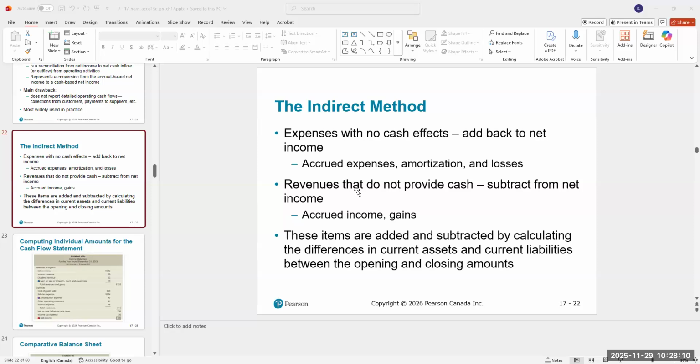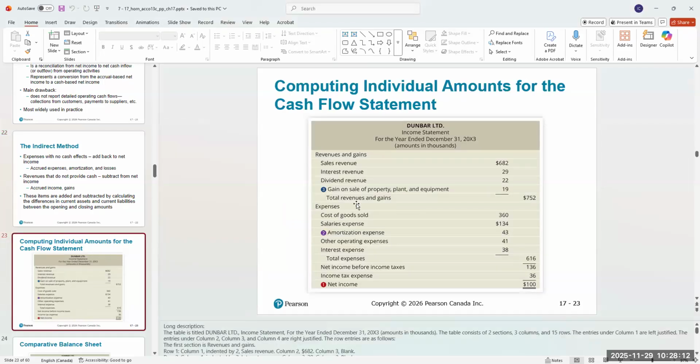So let's see this one first. We have this income statement, which shows sales revenue, interest revenue, dividend revenue, gain on sale, that much. Then we have expenses: cost of goods sold, salary expenses, amortization expense, other operating expenses, interest expense, and total expenses are that much.